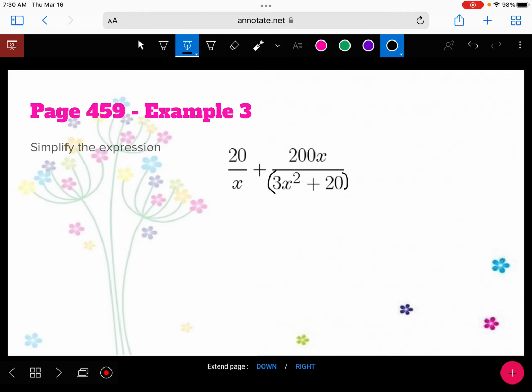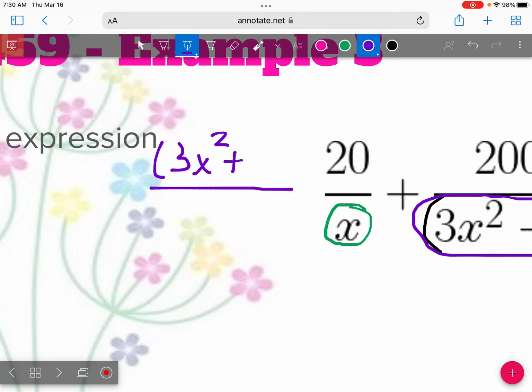Then we are asked to add these together, so we need to get to a common denominator. So we're going to use that same strategy we just did where we multiply by the denominator of the other side. So since this one has a denominator of just x, I'm going to take this guy and do x over x. Still means 1. We're going to multiply by that. And then this side, we're just going to take this whole denominator, and that's going to be what we use. We're going to use 3x squared plus 20.